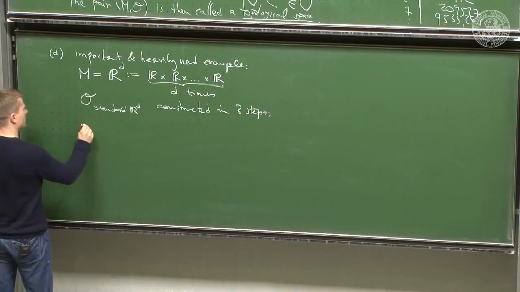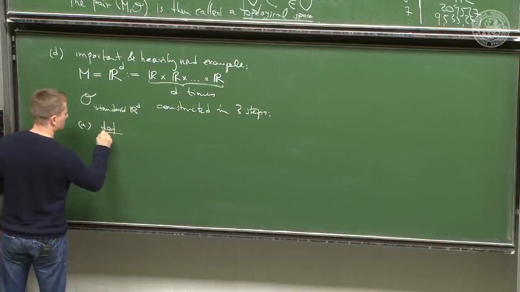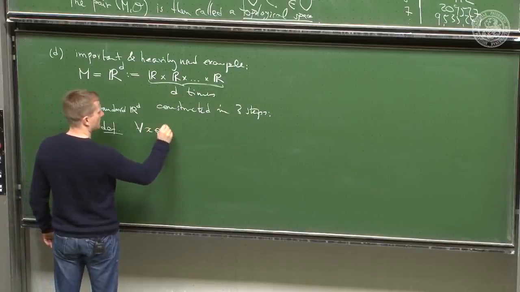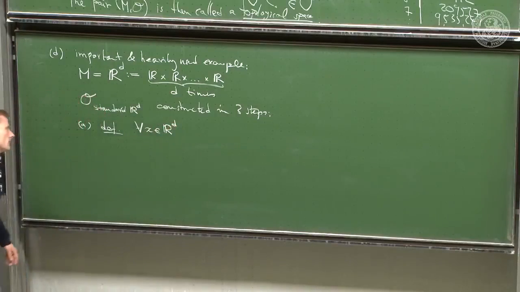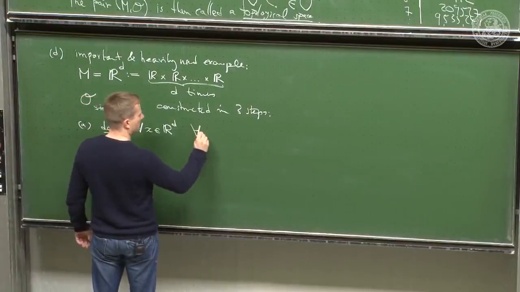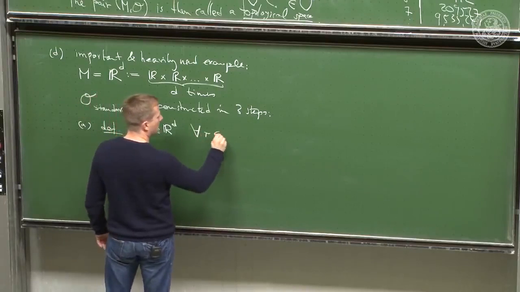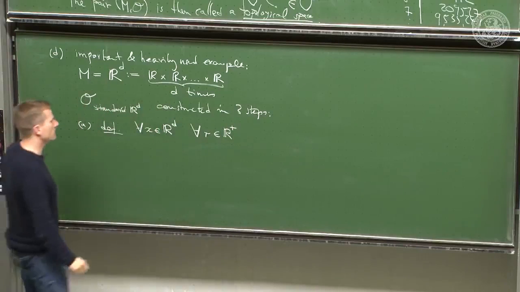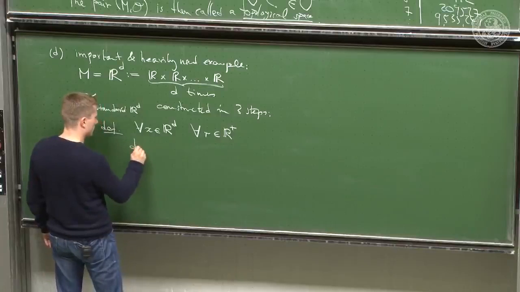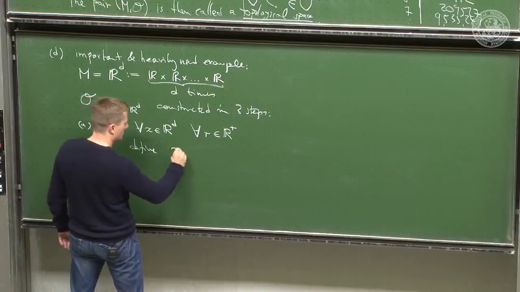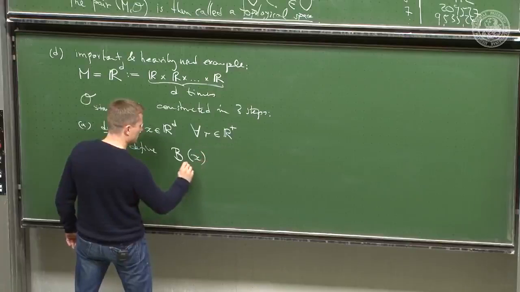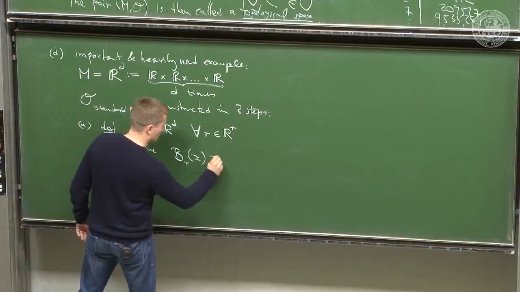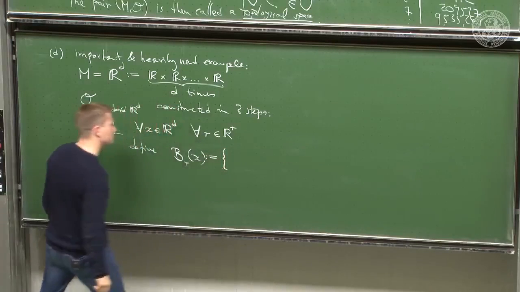The first step is that you define an auxiliary quantity, and that is, for every x in R^d and every number r in R plus, so for every positive real number, you define an object called B of x, r. I first define it and then we interpret it.